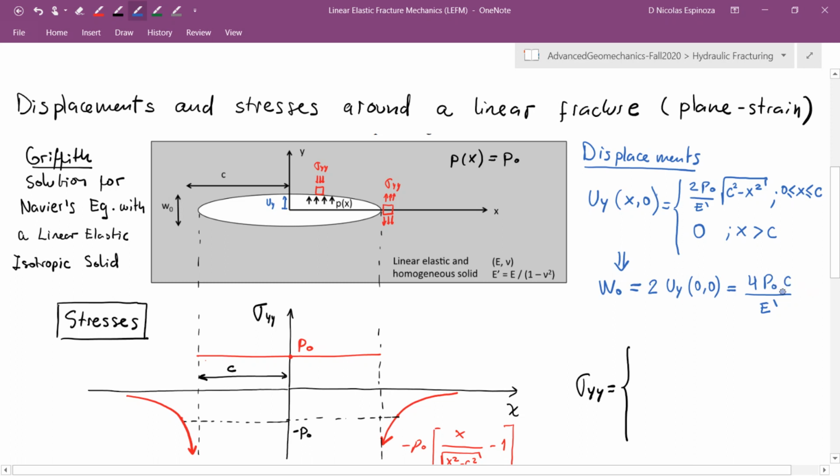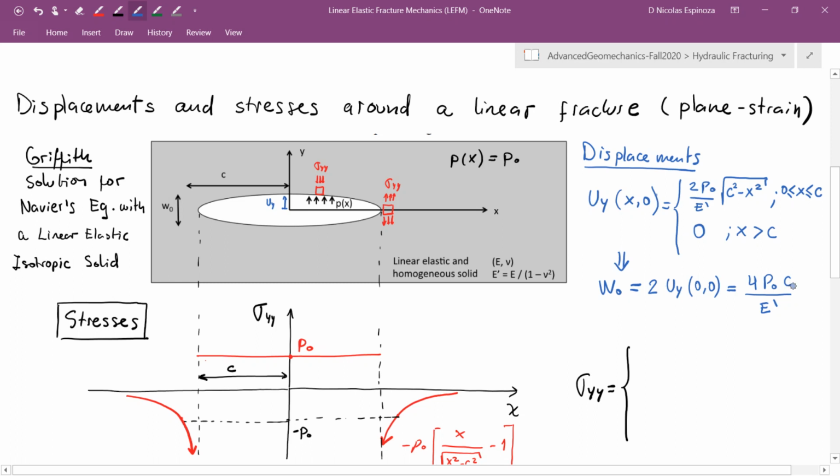There is something else that we can get from this equation. We can get the slenderness of the fracture, the width divided by c, or actually that would be the inverse of the slenderness. But I just want you to keep in mind and remember more or less the ratio of the width to the length.